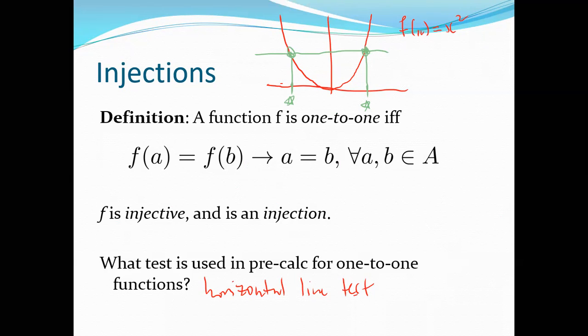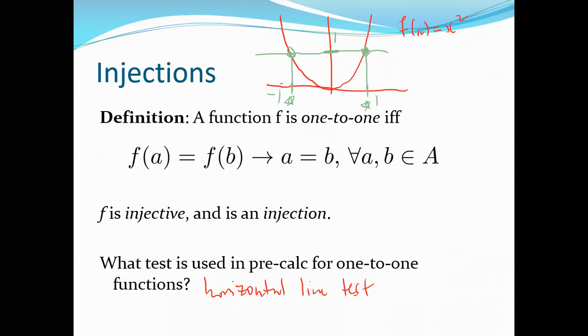Does that make sense? So maybe this is the number -1, and this is the number 1, and then this would be the output. What would that output be? 1, yes? So here I had two separate inputs giving the same output. Therefore, this function is one-to-one or not one-to-one? Not one-to-one.